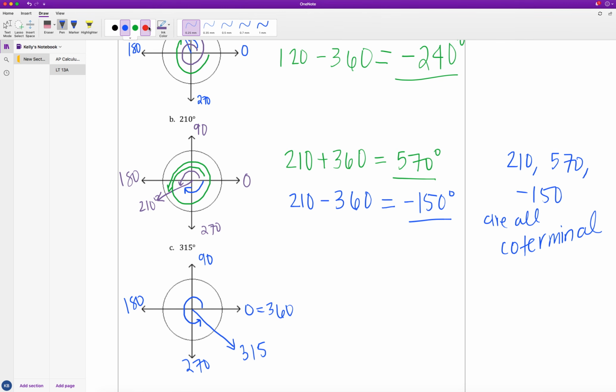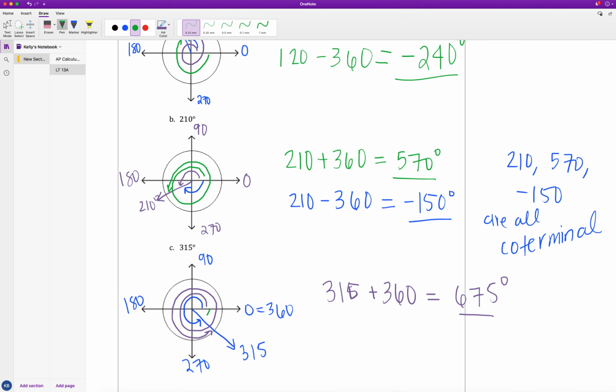Now to find something that's coterminal to it, I'm going to take the first one and just rotate past it. So start at the same spot, go up and around, past it, and then all the way back to it. Quite a big rotation there, but that would be taking my original angle of 315 and adding 360 degrees to it, which would end up giving me 675 degrees for that really gigantic angle. Now I can do the same thing, but now I'm just going to take the negative angle.